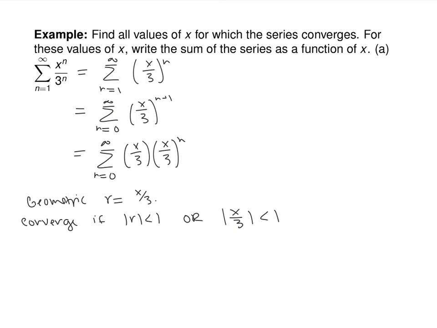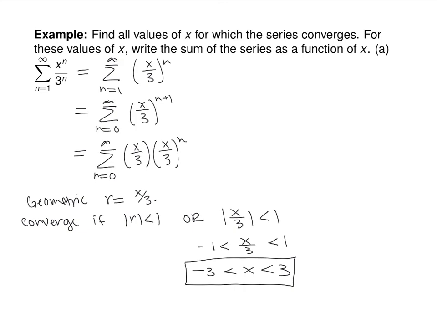Now x over 3's absolute value being less than 1 means that x over 3 is bigger than negative 1 but less than positive 1, which means that x is in between negative 3 and 3.